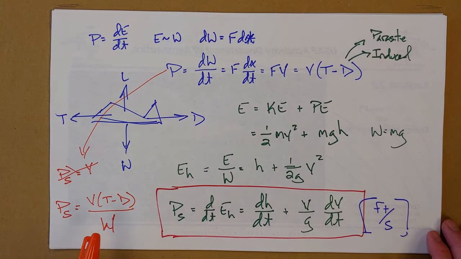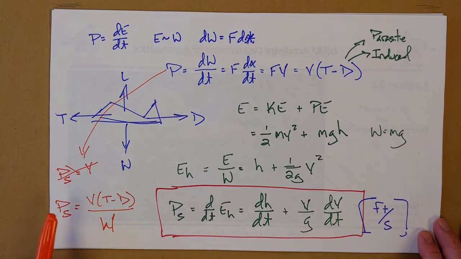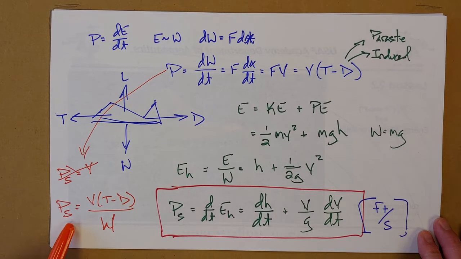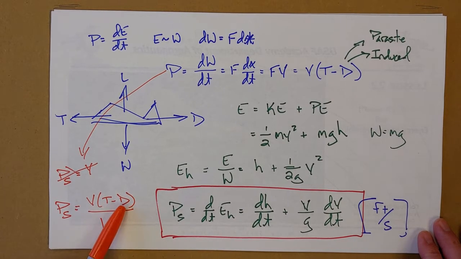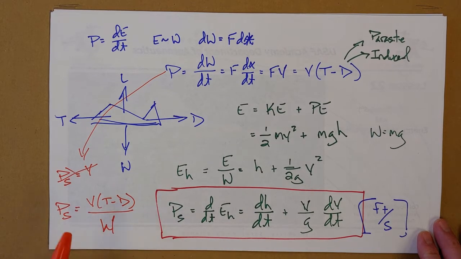So in general, when we're dogfighting, we would like to have positive P sub S, have more P sub S than the other airplane, but we also want to balance that with where we are in the flight envelope and how we're going to manage that. As we're pulling G's, for example, in my F-16, when I'm pulling 9 G's, this drag term is going to be very, very high, and I am generally going to be in a negative P sub S state.